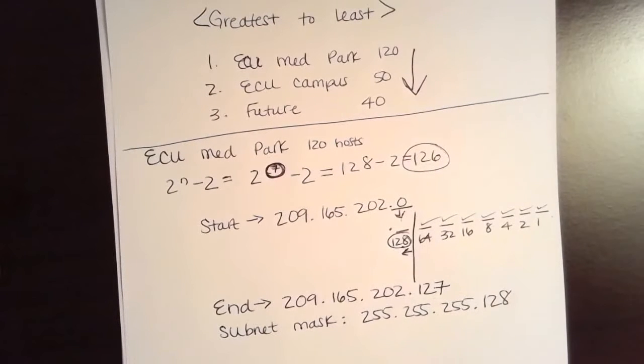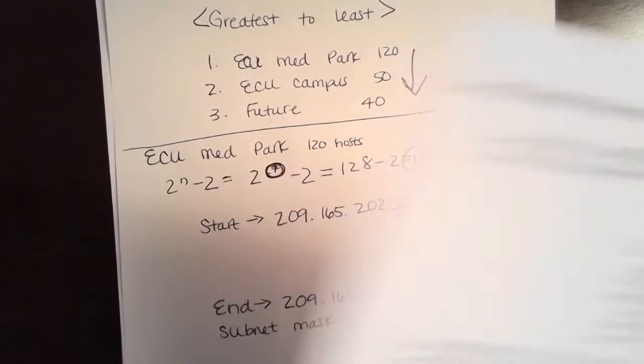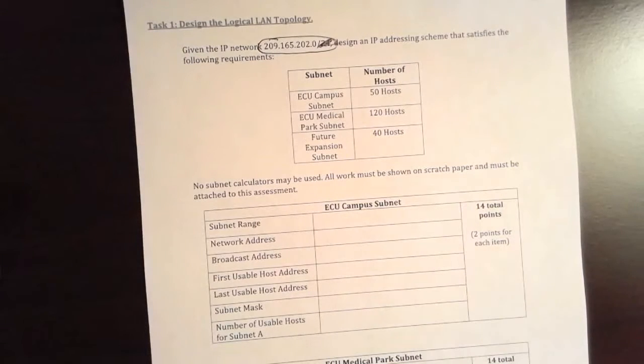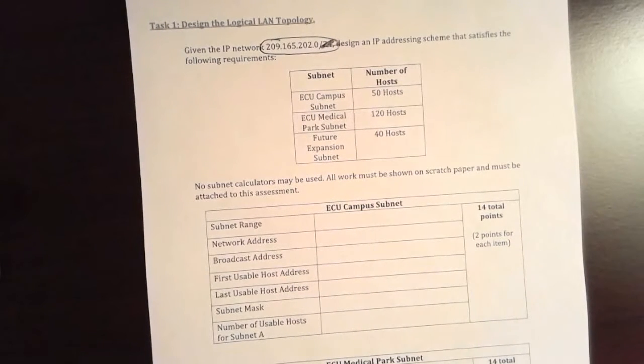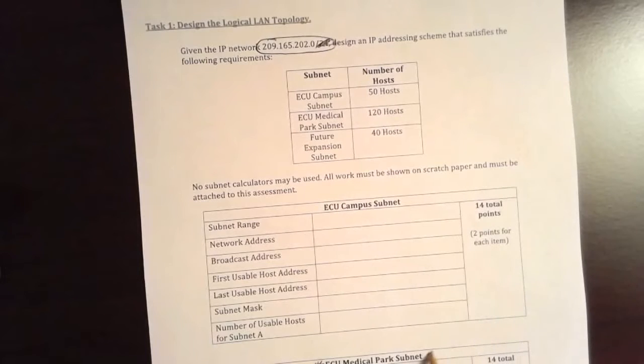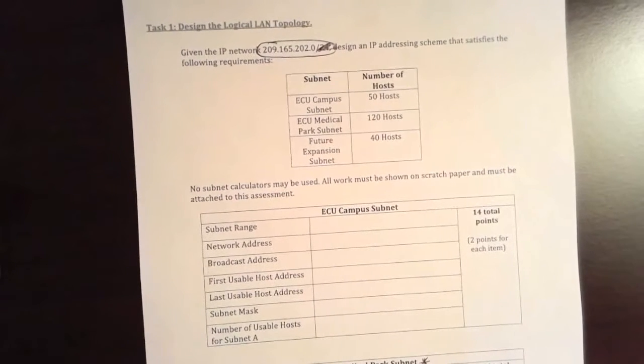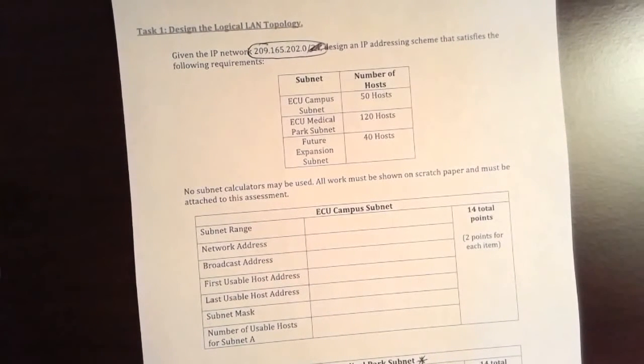So if we come back over here to fill in our information based off of that, for the ECU medical part, we have to make sure we come here. Don't fill out the wrong one. So the subnet range here is our starting and ending.